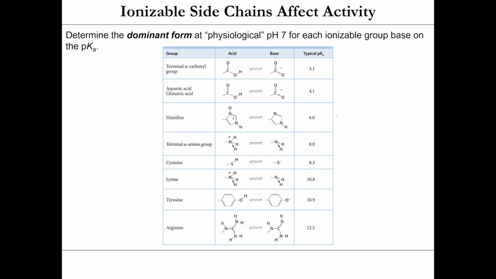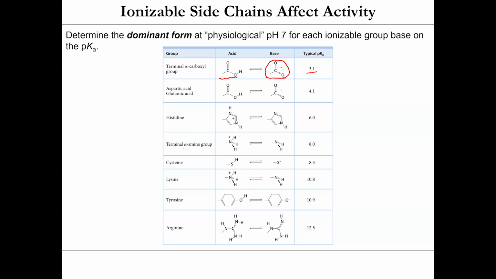So we already talked about the terminal alpha carboxyl group. This is on every amino acid, and its pKa is 3.1. If you remember, pKa is the pH where both the acid and the base are present in equal concentrations. So at pH 7, that's above the pKa of 3.1, so this base group, the negatively charged group, is going to be dominant at pH 7.